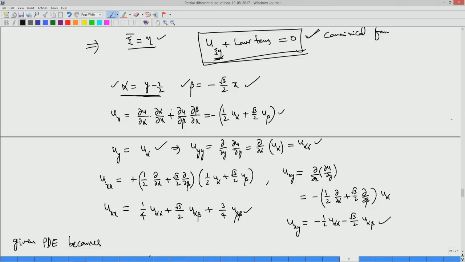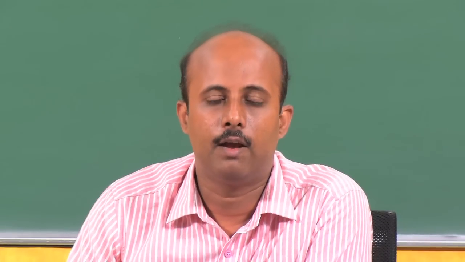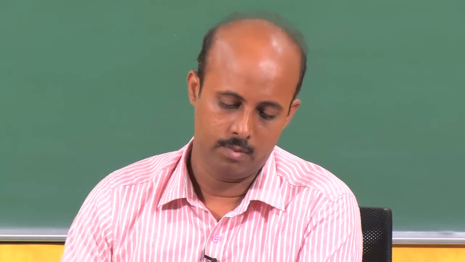So you do not make 2 steps like we did for the general equation: get the canonical form in terms of xi and eta, where xi and eta are complex valued functions, then choose new variables alpha beta and reduce the equation again to one more form like this. Instead you can avoid that intermediate step and directly take the real part and imaginary part as alpha beta, and it will become this canonical form.